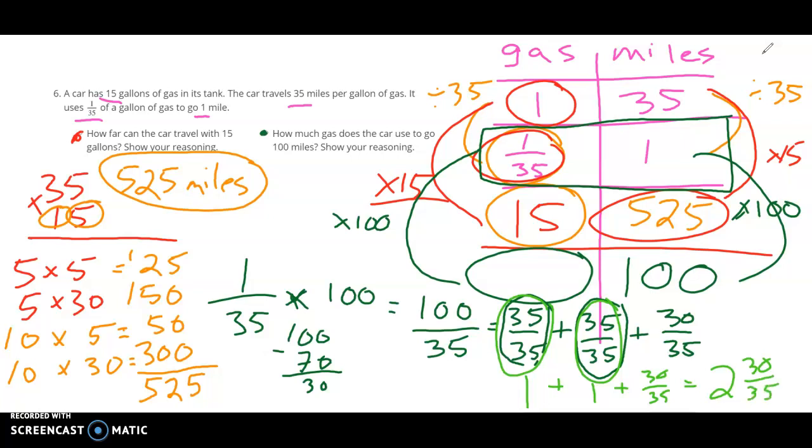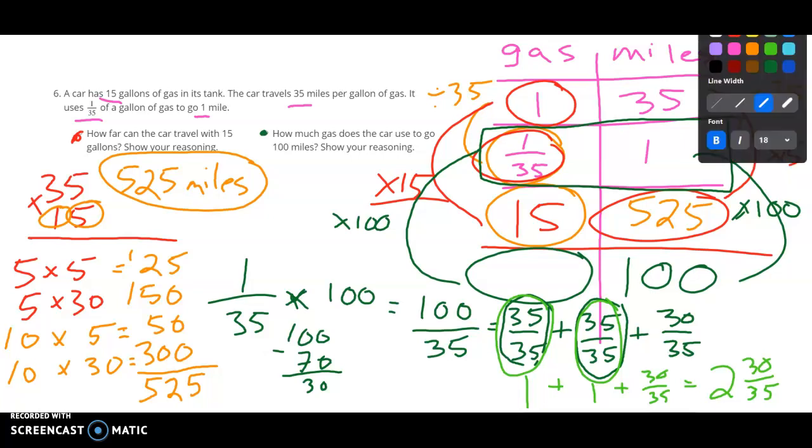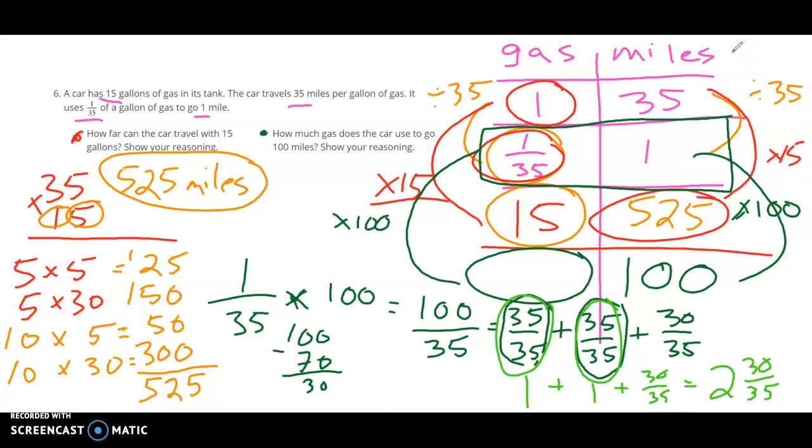We can make this even more simplified by finding a number that goes into both 30 and 35. These numbers end in a 5 and a 0, so I know that 5 goes into both of these. 30 divided by 5 is 6, and 35 divided by 5 is 7.